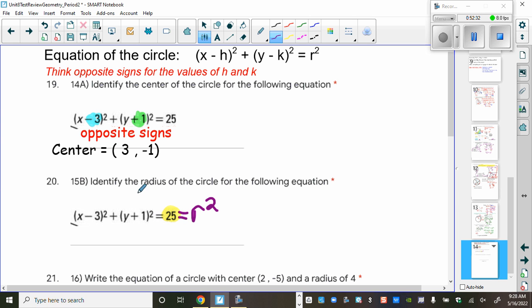So if you want the radius, you have to take this 25 and go from r squared to r. What do we need to do to the 25 to get our value?